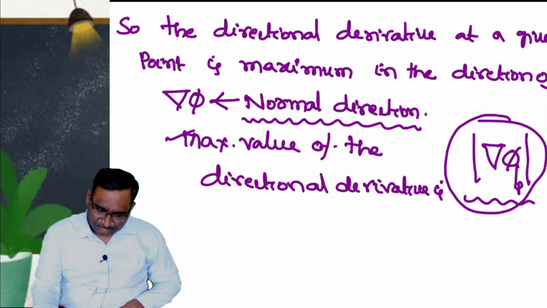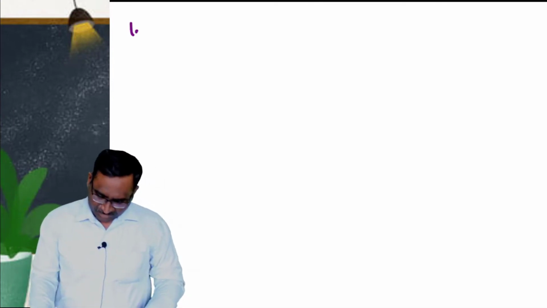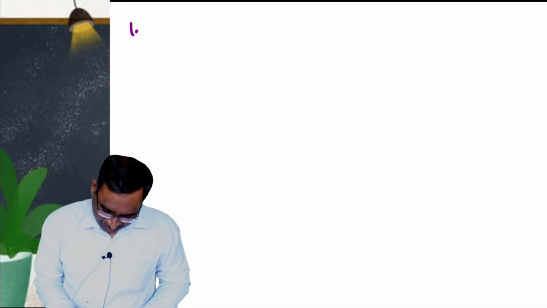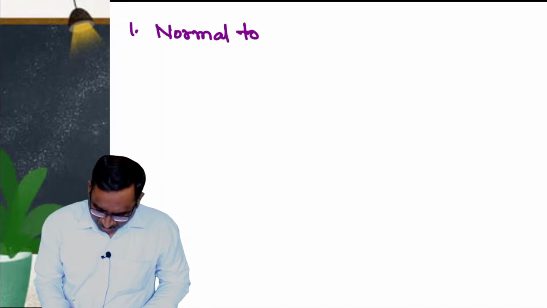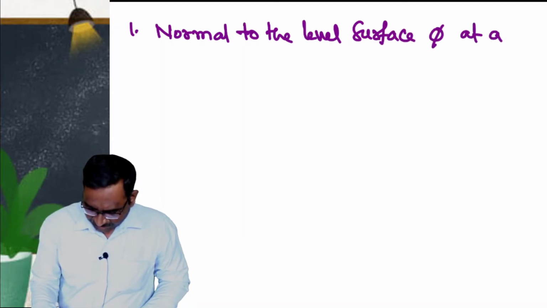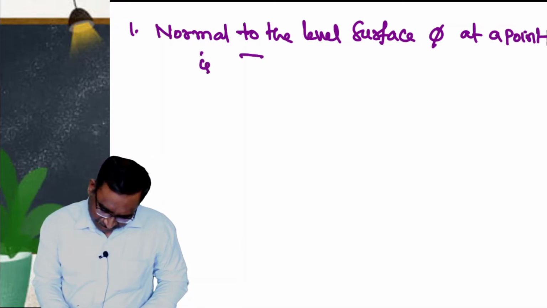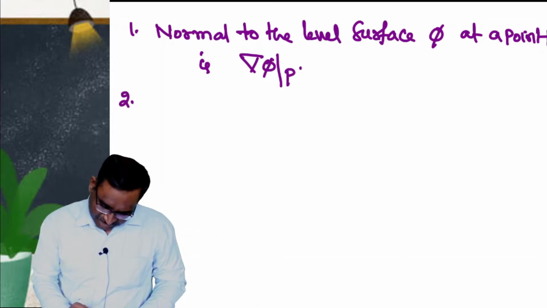Now, again I am giving the summary. What is the first formula? Normal to the level surface phi at a point P is del phi at P. The second definition.